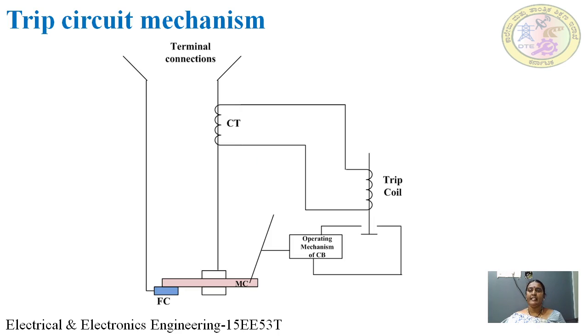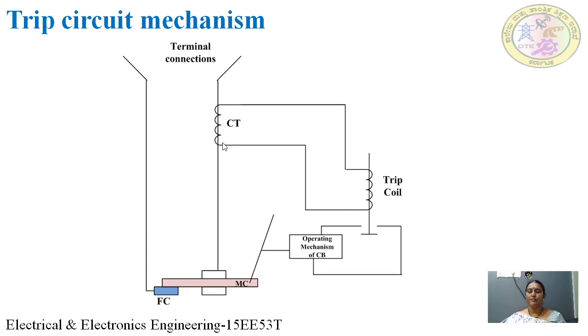Let us take the tripping mechanism. Consider a terminal connection. One of the terminals is connected with a current transformer secondary. The primary carries a large current on the occurrence of a fault.